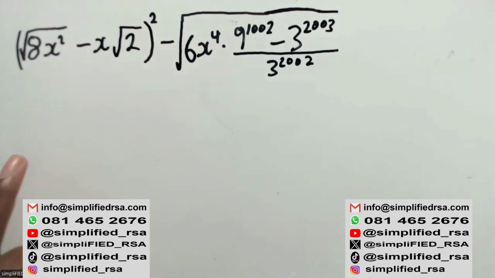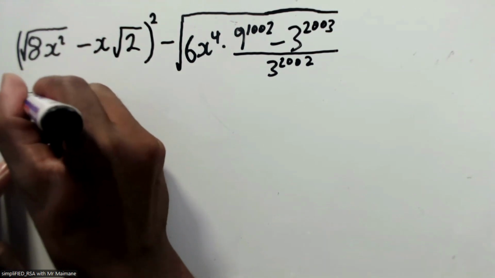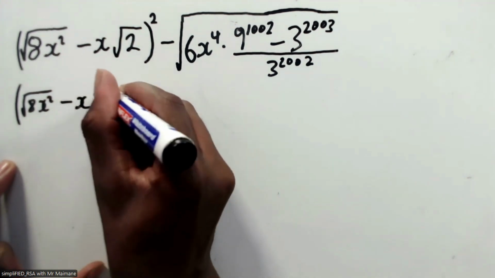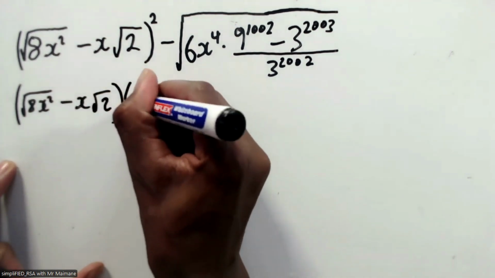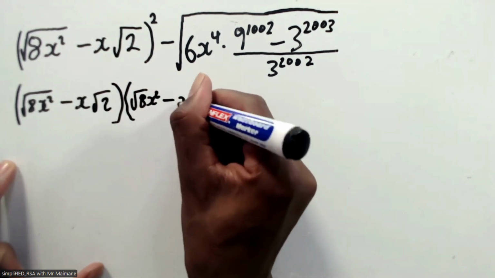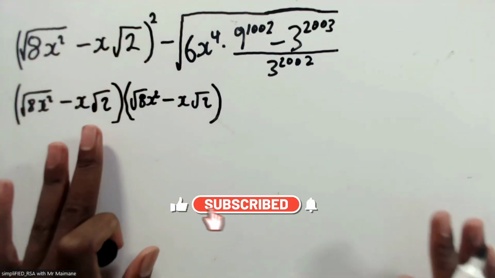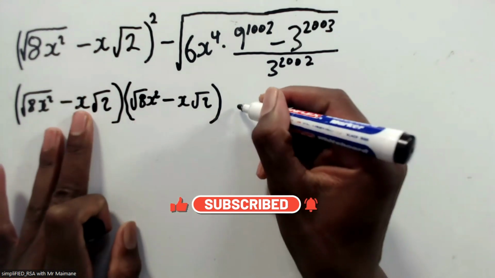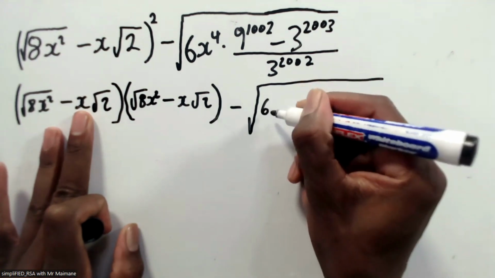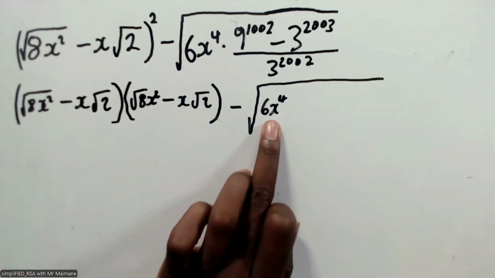If I have a squared here, this is the same as (root 8x squared minus x root 2) times (root 8x squared minus x root 2), because it is a square, so it is doubled as it is here. Minus square root of 6 times 4 to the 6 times x to the exponent 4.